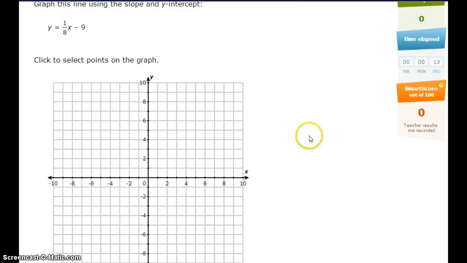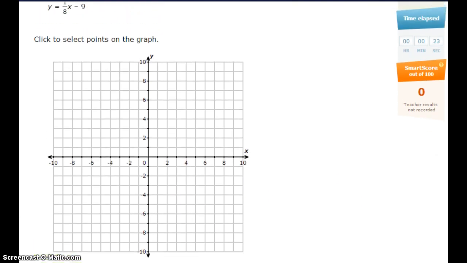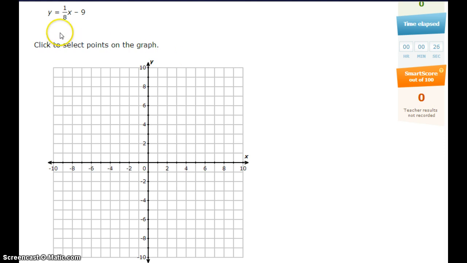Good. Well, here they've asked us to graph the line using the slope-intercept. So let's take a look at how we can use this. Well, we have y equals 1/8 x minus 9. So I know that my y-intercept is at negative 9, and then I know that I have a rise of 1 and a run of 1, 2, 3, 4, 5, 6, 7, and 8.